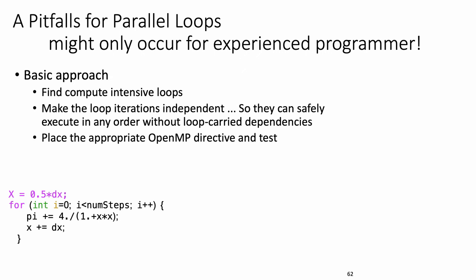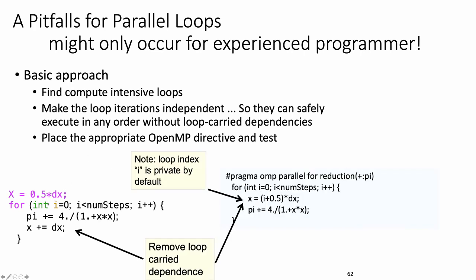Pitfalls for parallel loops. It looks really easy to parallelize a loop. You just go in there, throw a pragma around it, and off you go. The problem is loop-carried dependencies. This is the code I write: I like it to be x plus equals delta x. The problem is if I'm doing this in one of my parallel loops, the resulting x is not right.